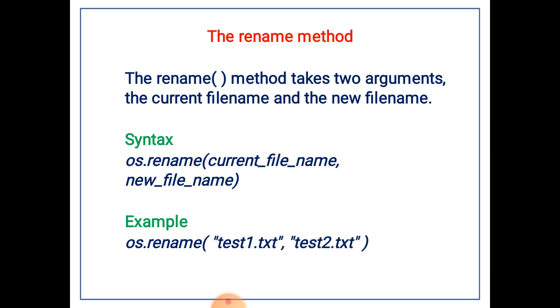So here have a look on the rename method. The rename method takes two arguments, that is the current file name and the new file name.